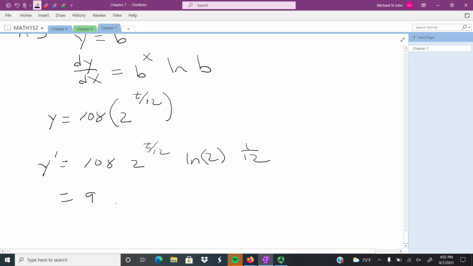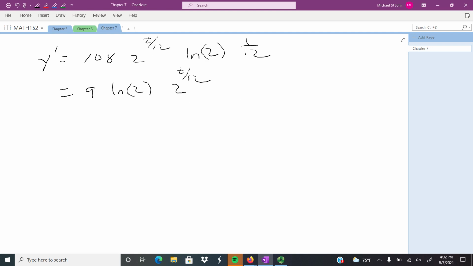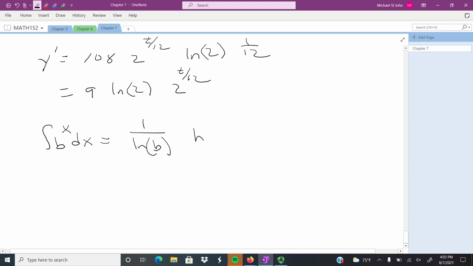So we end up with 9 natural log of 2 raised to the t over 12. And if we integrate b to the x dx, we end up with 1 over natural log of b times b to the x plus c.